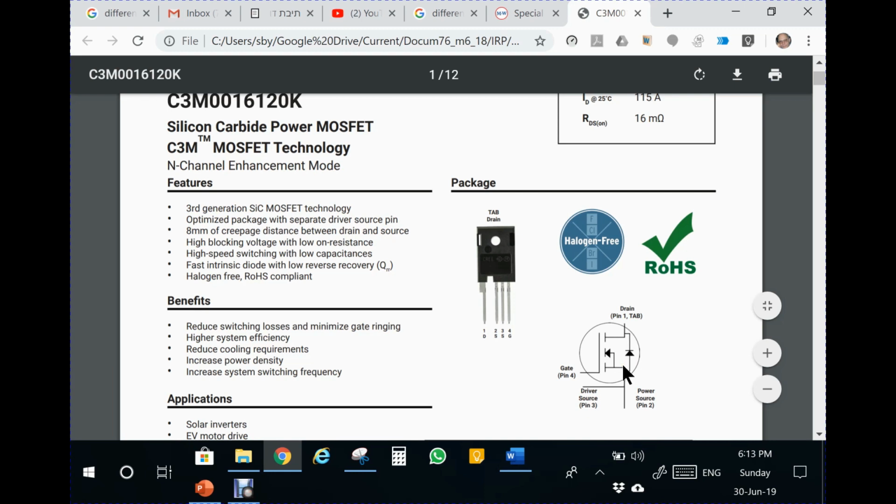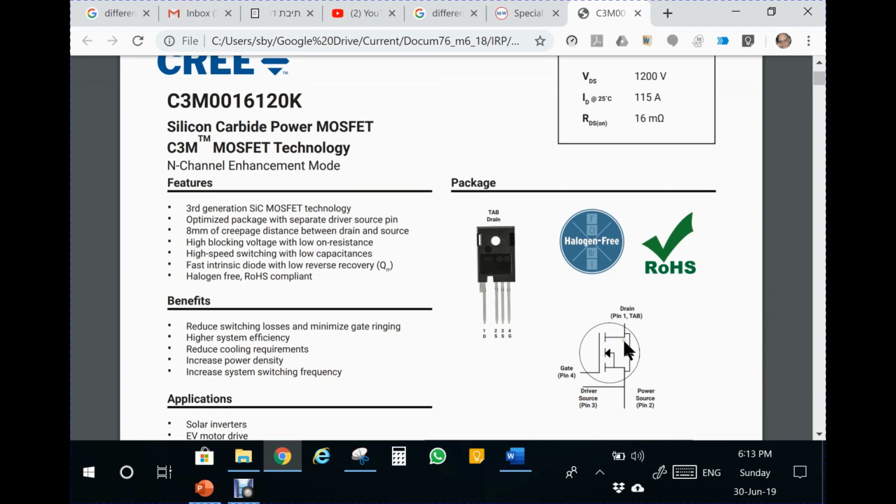In the case of this particular device, it is an inherent body diode, as it is called, and the characteristics of this diode are not very good. We'll see it later on.